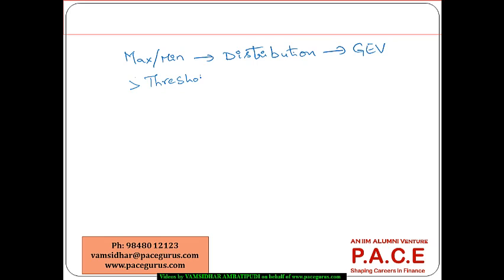So just to simplify the scenario, if I am interested in modeling the maxima or the minimum value of a particular distribution, which is again one way of modeling the extreme values itself, I will be relying on generalized extreme value theory. But if my objective is to model the distribution of the values which are greater than some threshold, that is where we are using the peaks over threshold or the traditional POT approach, right?